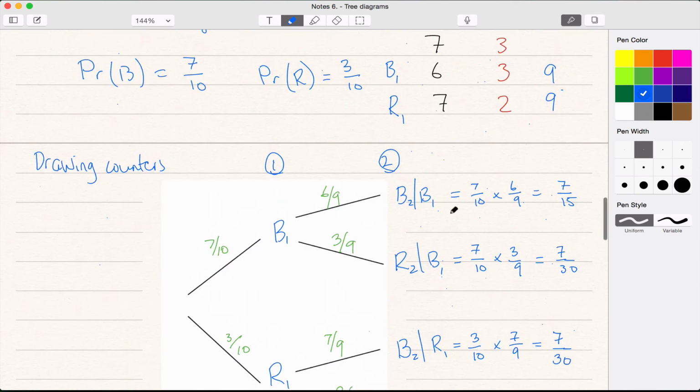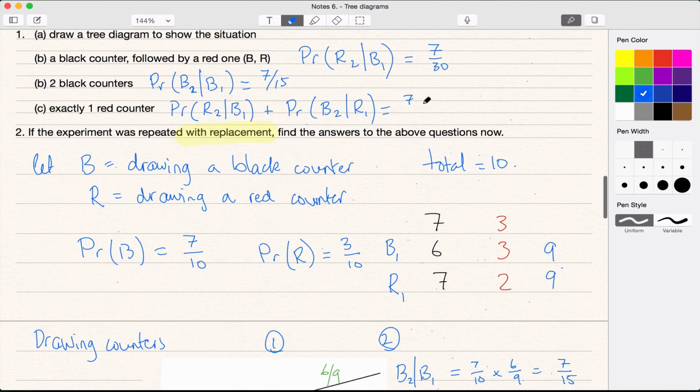It's 7 out of 30 plus 7 out of 30, which equals 14 out of 30, or 7 out of 15, which is the same as the chance of getting 2 black counters, interestingly.